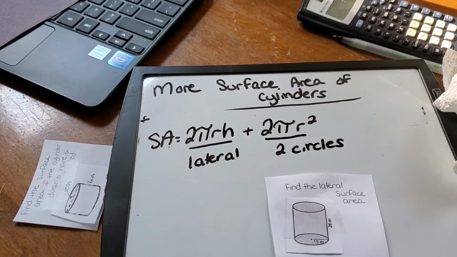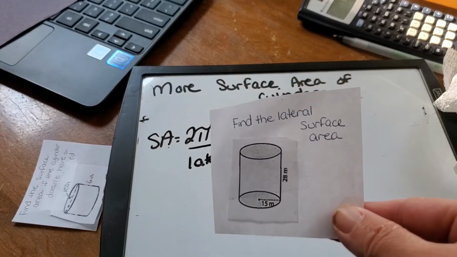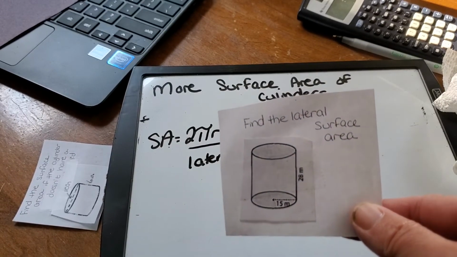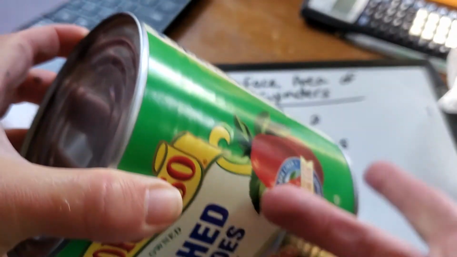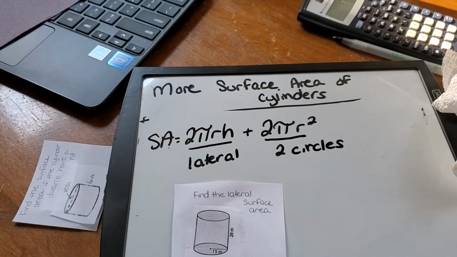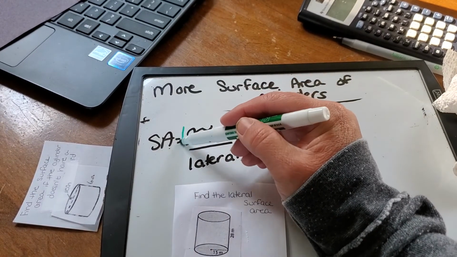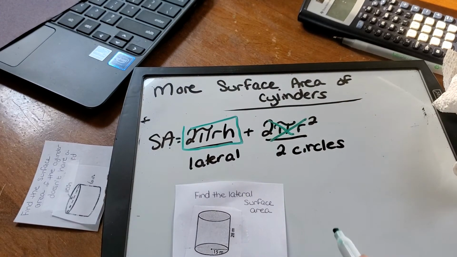Now, this problem is only asking us to find the lateral surface area. So it doesn't care about the top and the bottom. It only cares about around the side of the can. So if I'm doing the lateral area, I'm only using this part of the formula. I don't care at all about the top and the bottom.